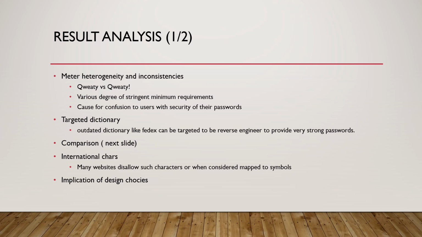A few analyses out of the multiple papers that the authors mentioned were the meters' heterogeneous inconsistency, where, as I mentioned at the start of the presentation, the same password can be considered really weak to extremely strong by different meters, which can cause confusion between users, thus forcing users to choose a weak password at times.